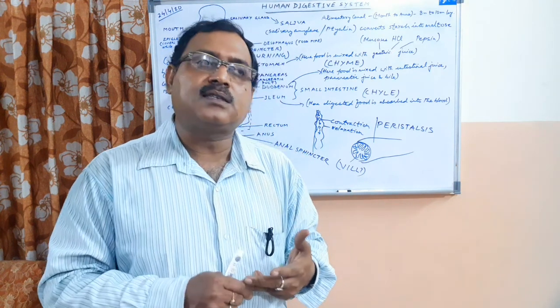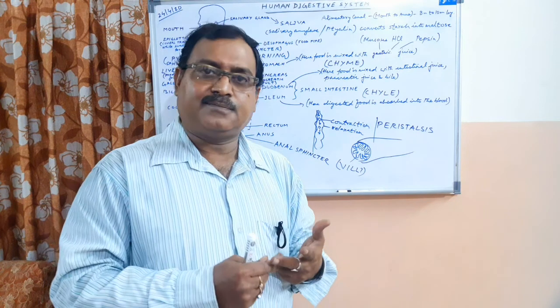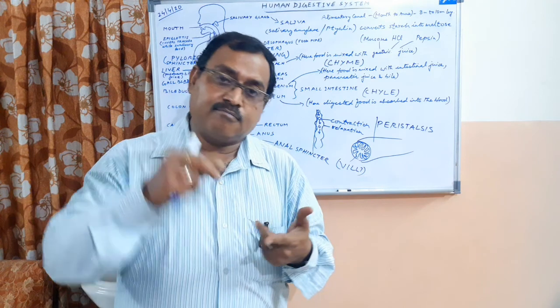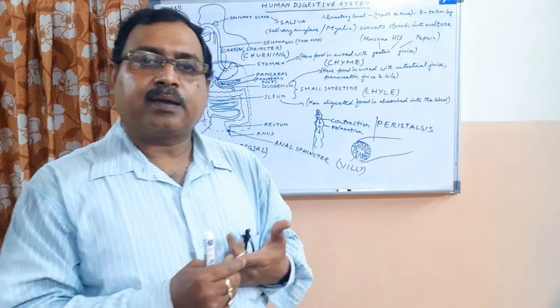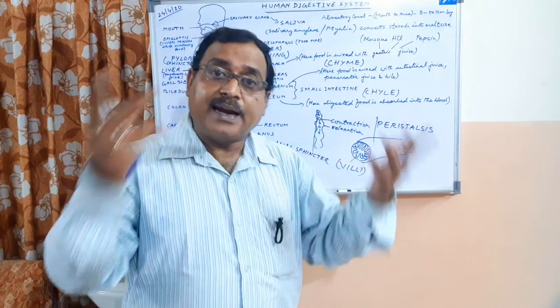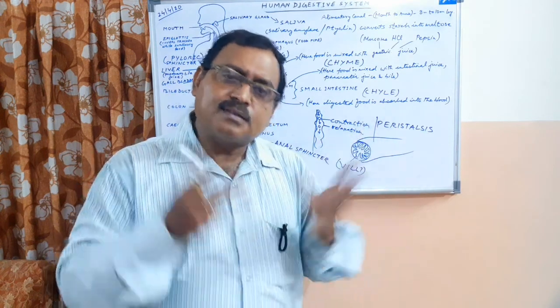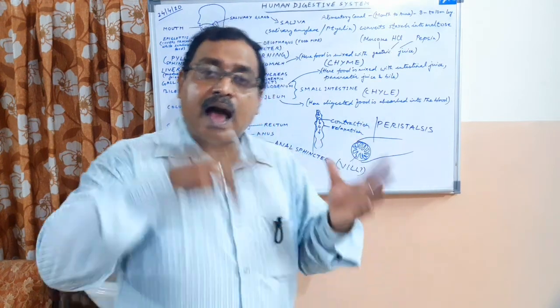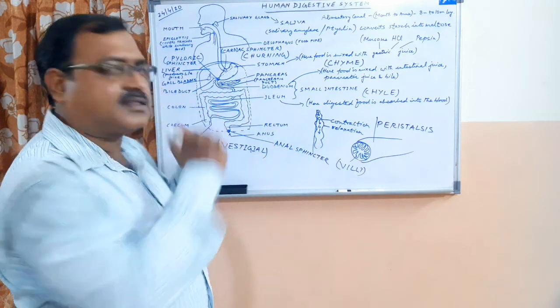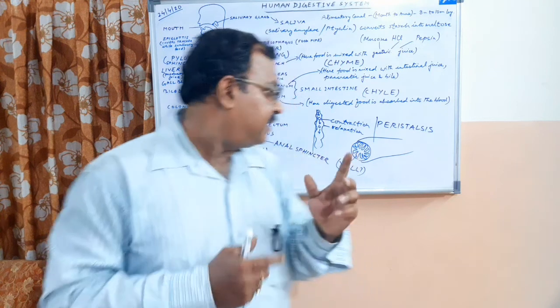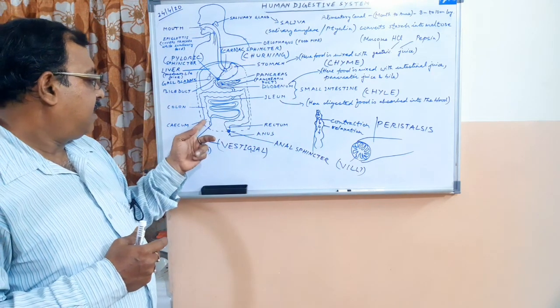This food is utilized for making new cells, for the repair of your body, for producing antibodies in your body, many things. So this is called assimilation. After that, whatever food is undigested, that is called fecal matter, that enters the large intestine.